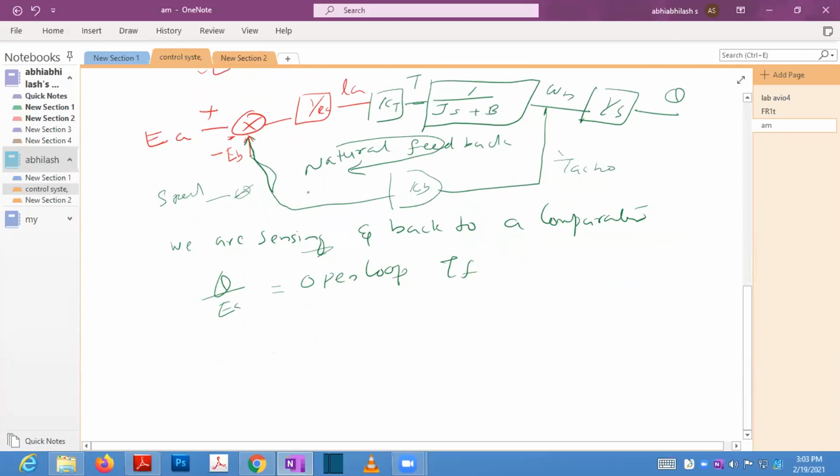So you derive the transfer function theta up to Ea of s. You can derive it within one minute. The numerator is Kt by Ra, and the denominator is s times Jm s plus Bm plus Kt Kb by Ra.